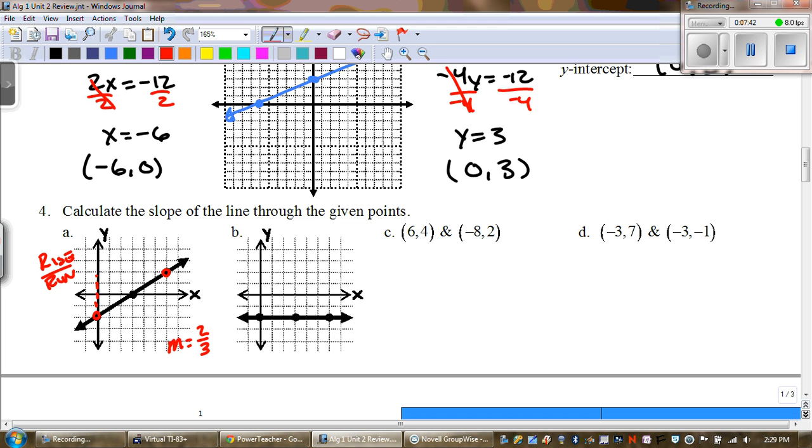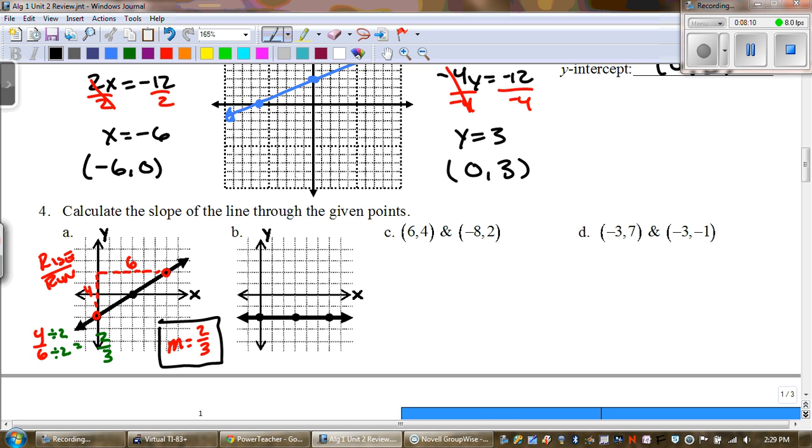My slope's totally different because it's 4 over 6. Okay, good job. But when you divide both the top and the bottom by 2, guess what you get? 2/3. Same exact thing. Okay, so 2 over 3 is your slope.